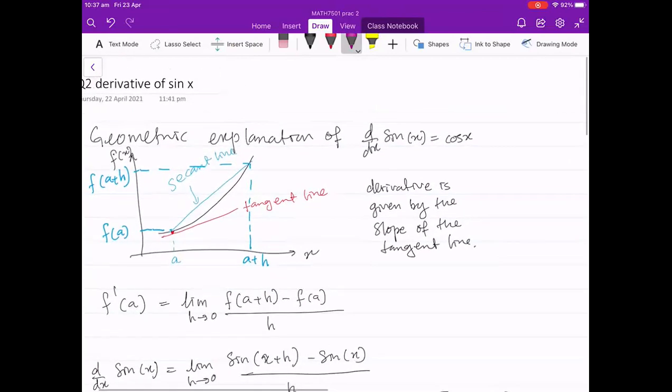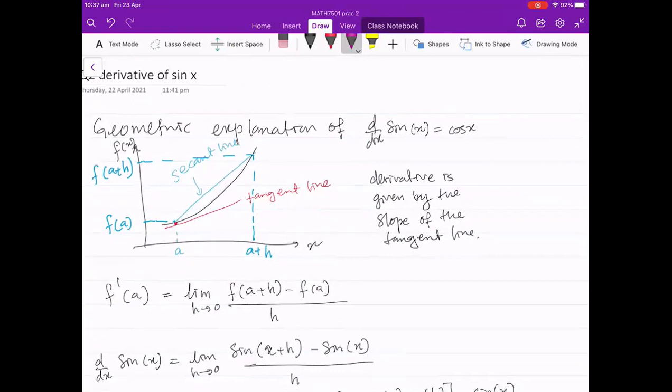I started with the geometric interpretation of the derivatives of a continuous function. Some of you have already told me what this is. The derivative would be the slope of the tangent line here, which you would use as the rise, like the rise over run formula.